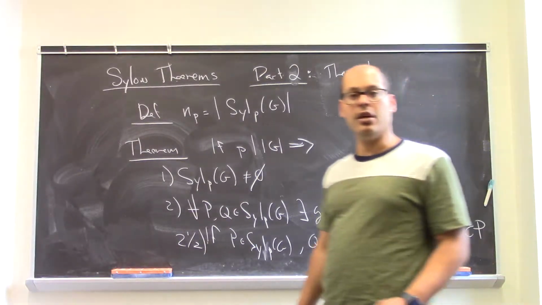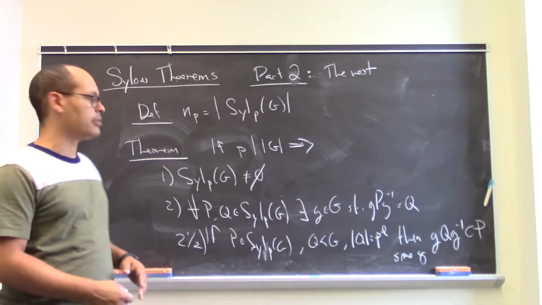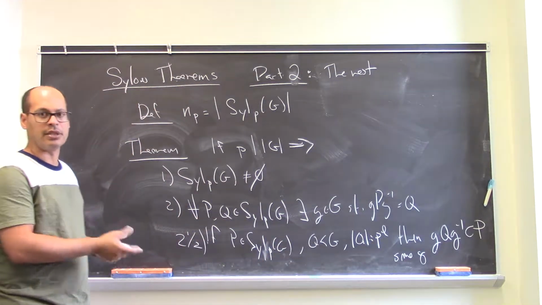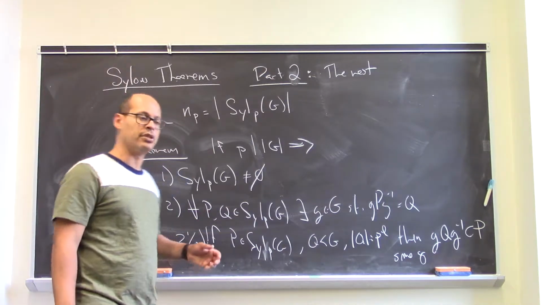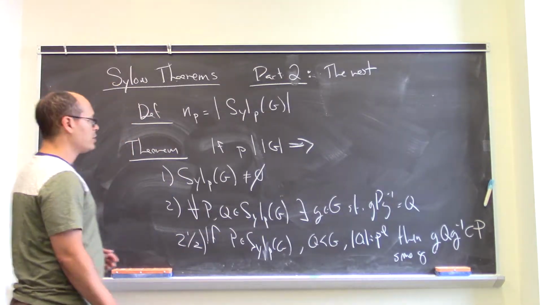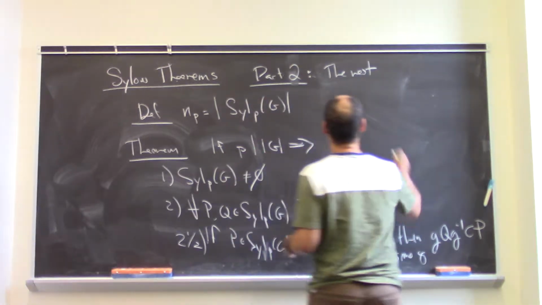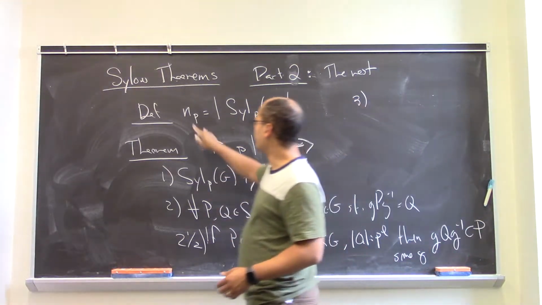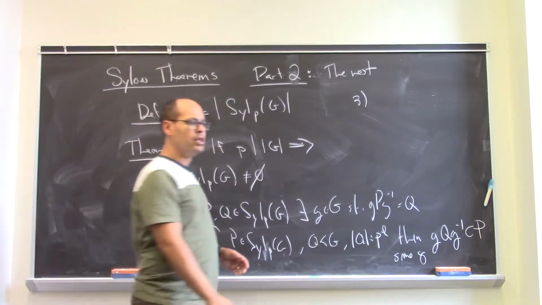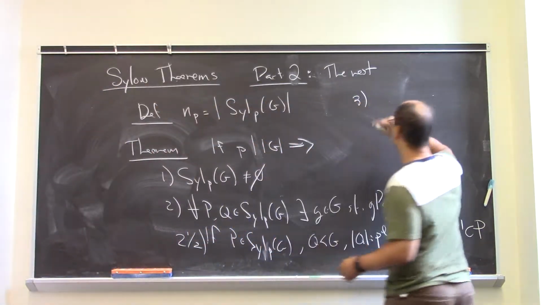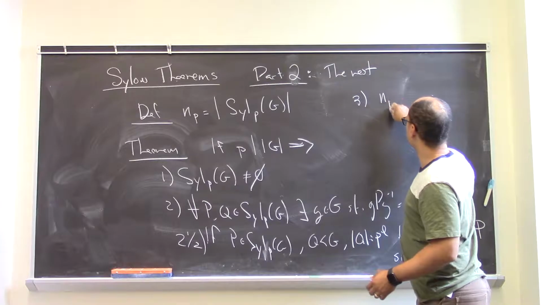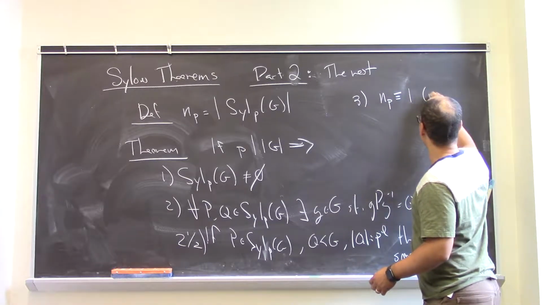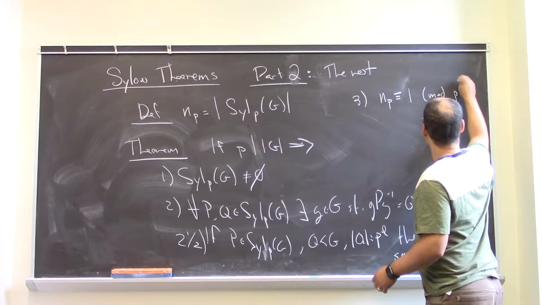So if you have a Q that isn't necessarily as big as possible, maybe it's not conjugate to a Sylow because it's not big enough, but it's conjugate to something inside of any fixed Sylow subgroup. Okay, 2.5. How about part number 3? It has to do with what properties these numbers have. So on the one hand, the number of p-Sylow subgroups has to be congruent to 1 modulo p.